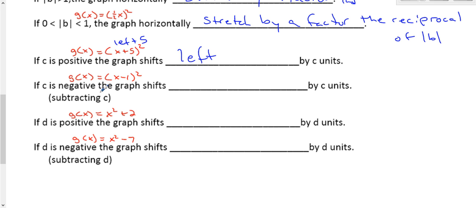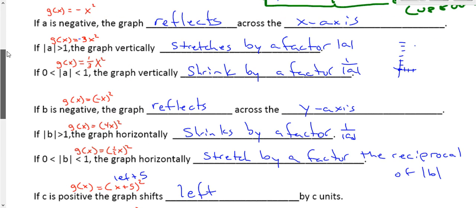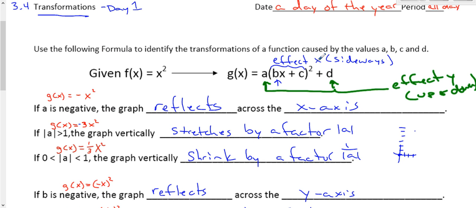If C is negative in the graph, so if x minus 1, if C is negative and you're subtracting the C, then that is shifting to the right. So this affects x, sideways, and it is opposite of what you see.